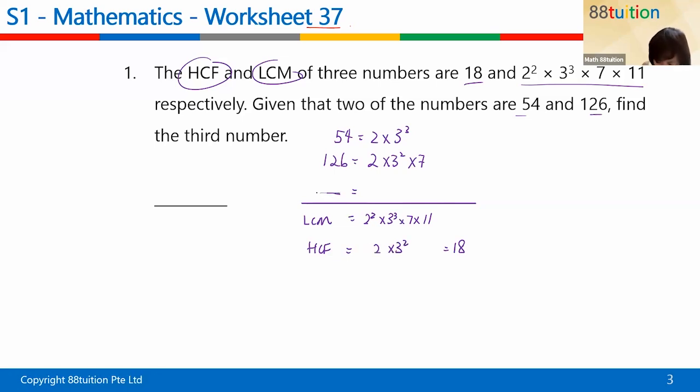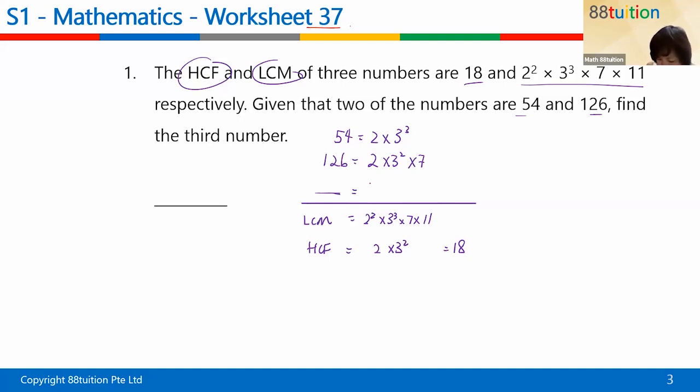Okay. So to find back the unknown, what happened here is I want to make use of the information below here. Since I have, give me a minute. My HCF is 2.